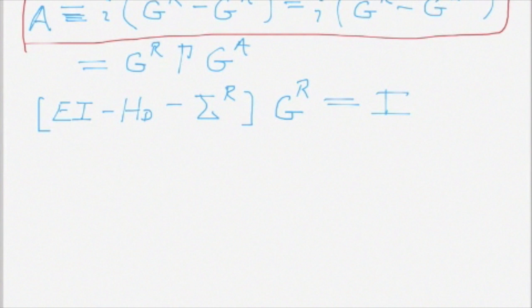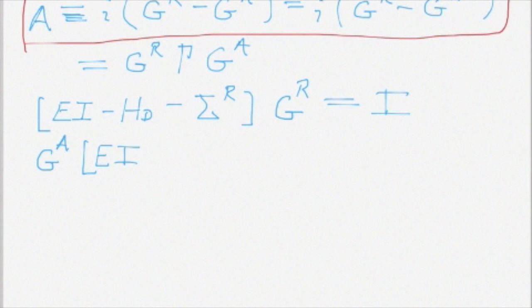And now I can take the Hermitian conjugate of this whole equation, and I'm daggering the whole equation, this complex transpose. Whenever you take the transpose, right, you switch the order and you transpose both, and I'll conjugate them also. So I have, well, the dagger of GR is GA, so I have GA times, well, nothing happens to the E in the identity matrix.